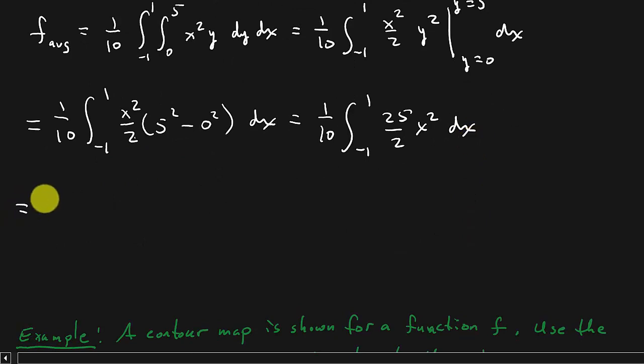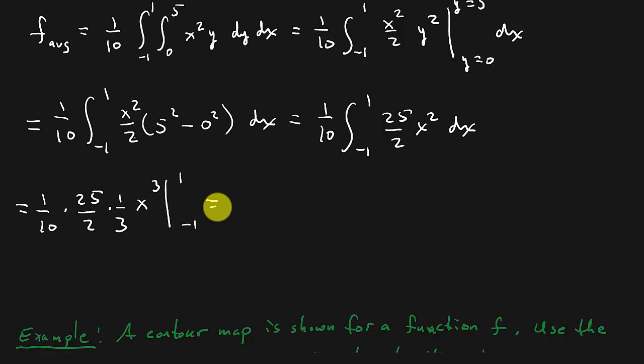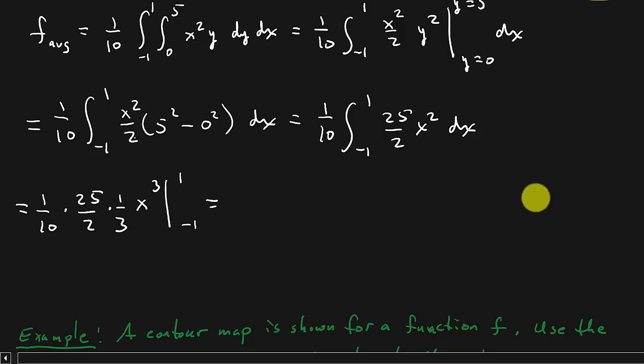All right, so let's integrate this thing. That's going to be 1/10, and this I'm going to get 25 over 2 times x cubed times 1/3, from -1 to 1. And so let's see, what is that going to be? That's 25 over 6, that's going to be 5 over 6? Let me make sure. Yeah, 5 over 6.